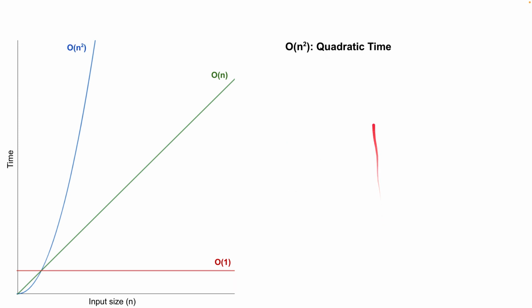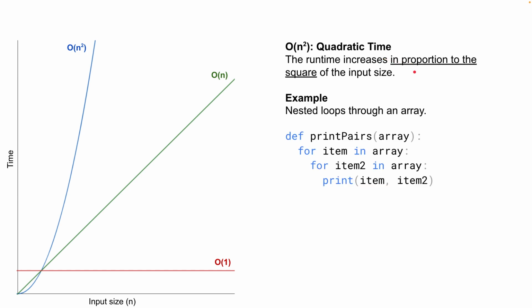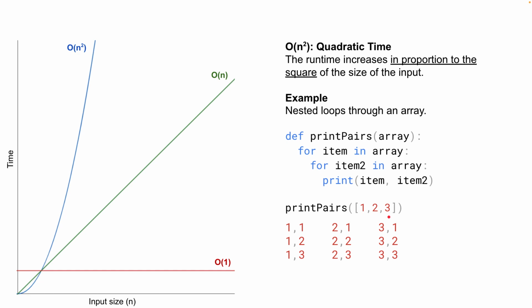O(n squared), or quadratic time, is where the runtime increases in proportion to the square of the input size. Now our code is printing out each pair of elements in the array, and due to this nested loop here, with an array of 3 elements, we do 9 units of work because there are 9 pairs in total, and the print statement is called 9 times.